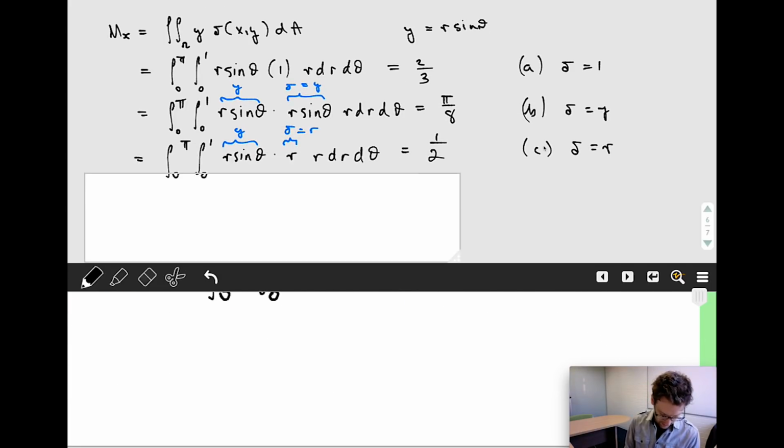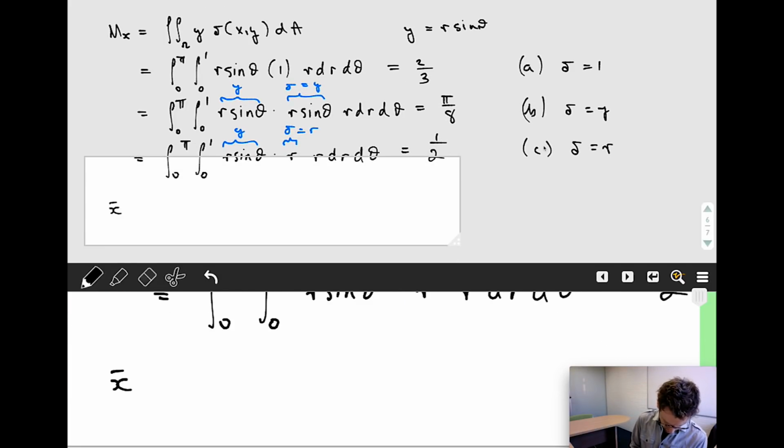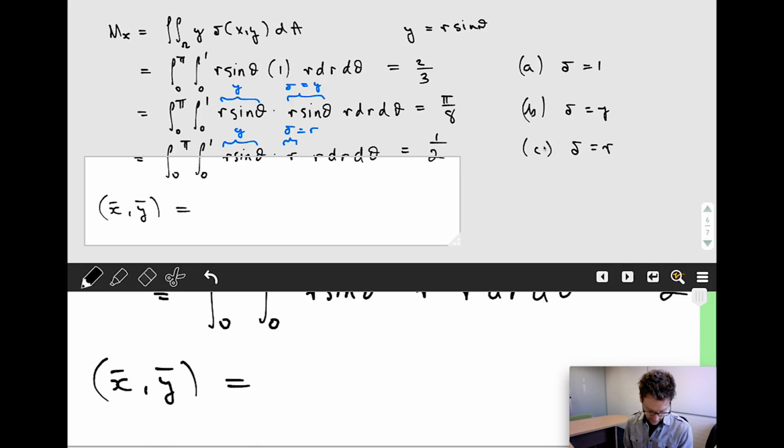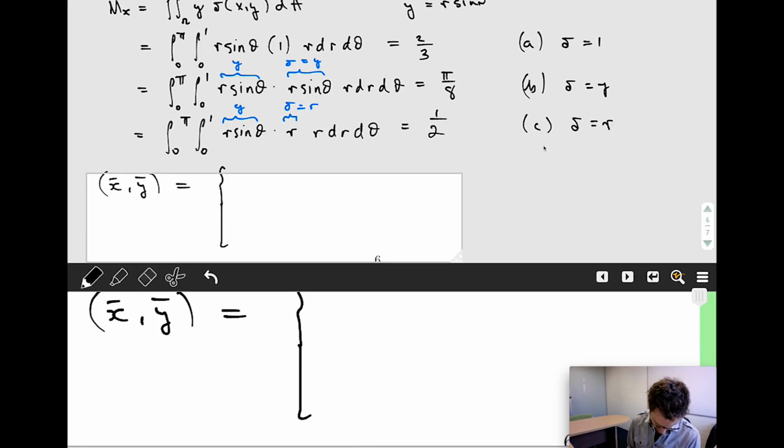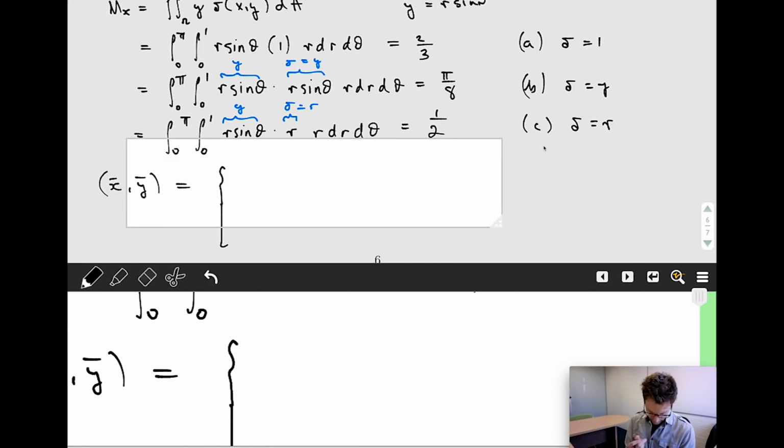So that then gives us our coordinates of the center of mass in the three cases. So let's look at the three cases, just using my over m, mx over m. So we're going to find that in the uniform density case we get 0, 4 over 3 pi.